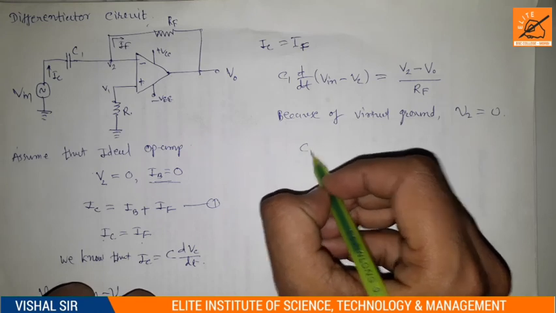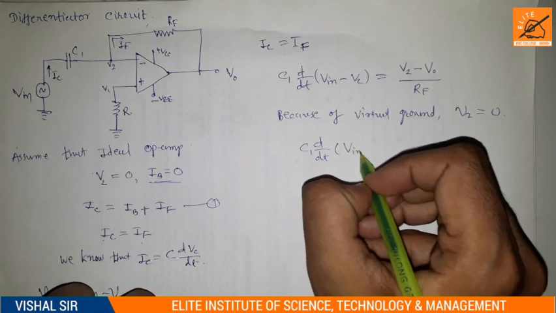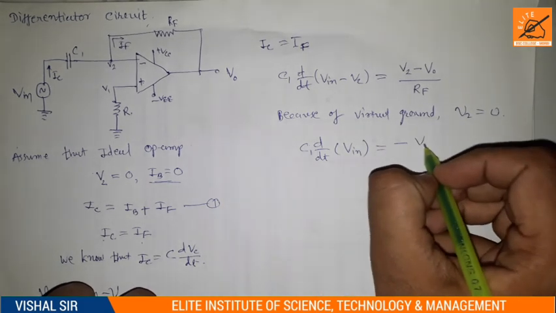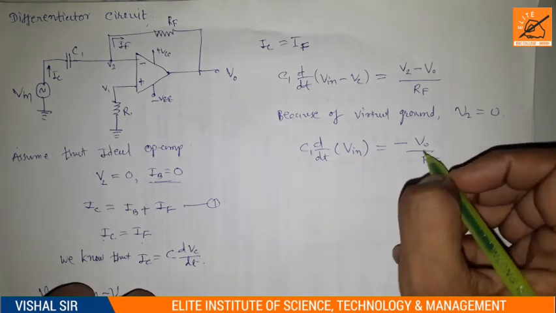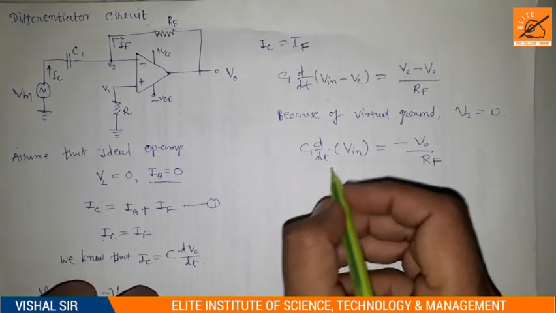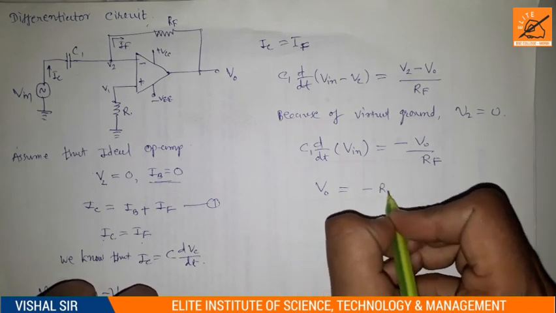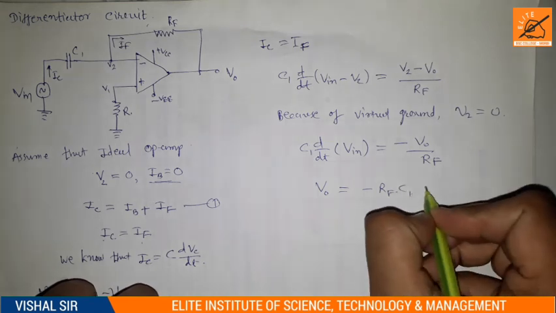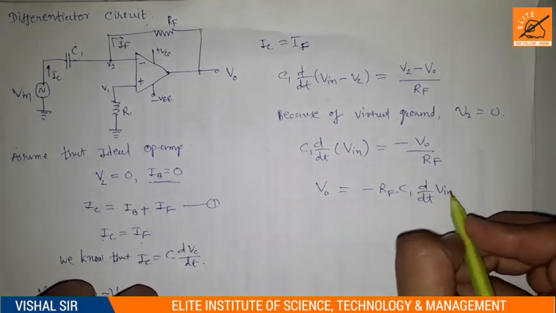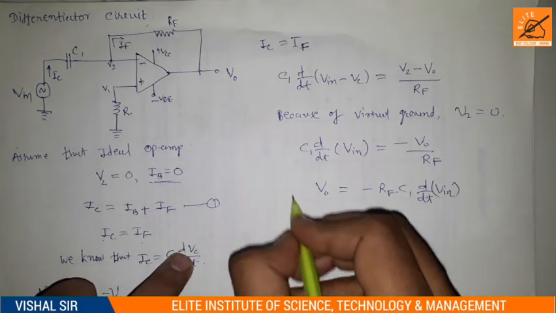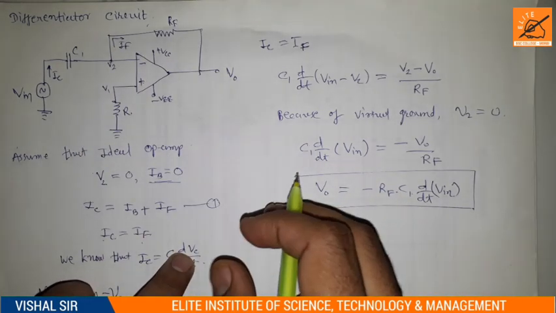So C1 d by dt of Vin is equal to minus V0 upon RF. From this equation we can find V0. So V0 is equal to minus RF into C1 into d by dt of Vin. This is the formula for the output voltage of the differentiator circuit.